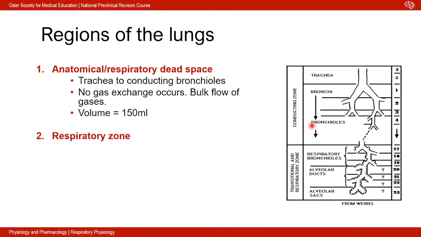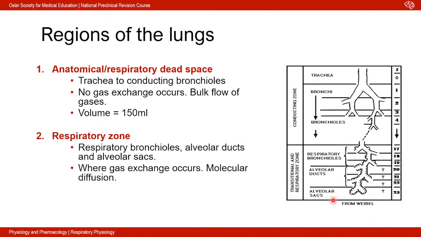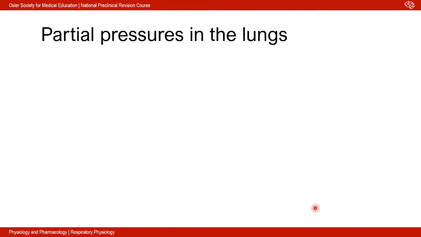It's about 150 mils. Whereas in the respiratory zone, you've got the respiratory bronchioles, the alveolar ducts, and the alveolar sacs. This is where gas exchange occurs, and lots of diffusion, so the diffusion of oxygen going in and the CO2 out. Its volume is much bigger. It's 3 litres. That just shows how important these alveolar sac structures are.